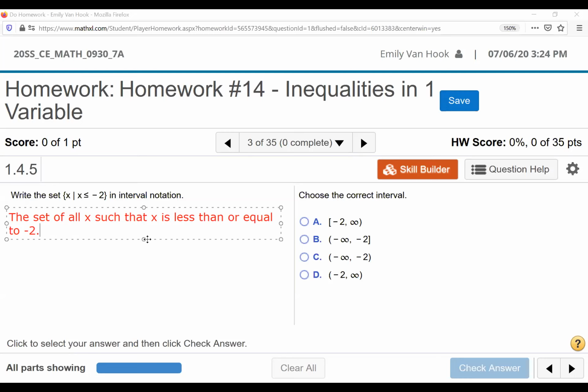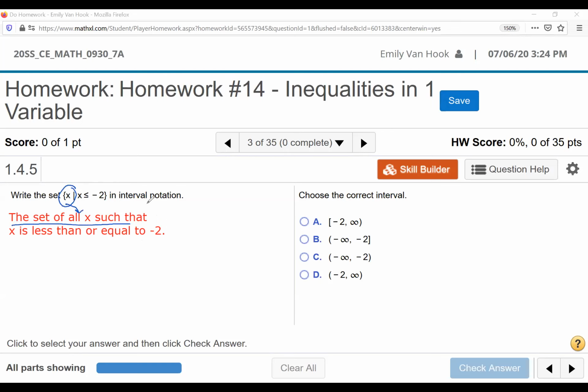The set of all x such that x is less than or equal to -2. So just drawing a little arrow here. It's the set of all x such that, and then here's the inequality part that we really focused on, x is less than or equal to -2.